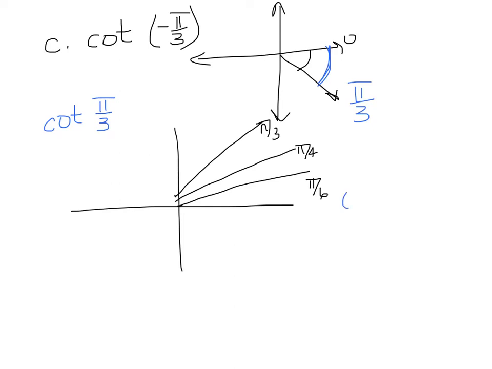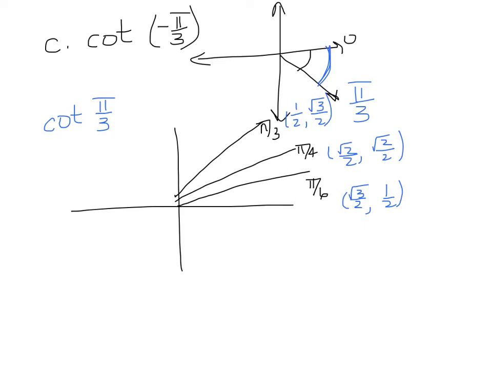This was square root of 3 over 2, 1/2, square root of 2 over 2. And this was 1/2, square root of 3 over 2.